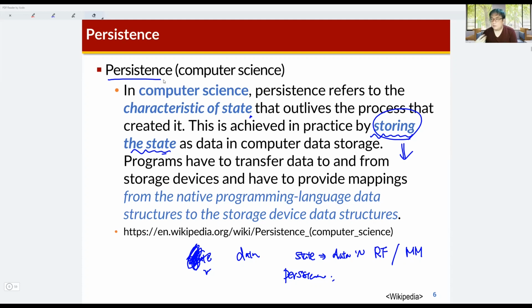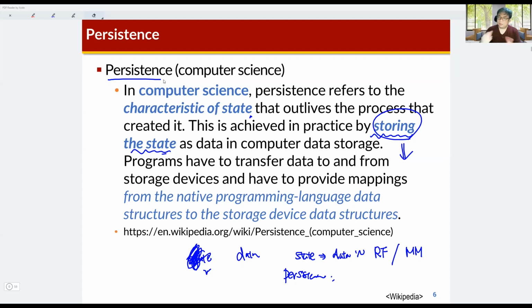In order to support this persistence in the computer system, we have storage devices. Storage devices are nonvolatile memory. That means even though the power is off, the data stored in this nonvolatile memory is maintained.